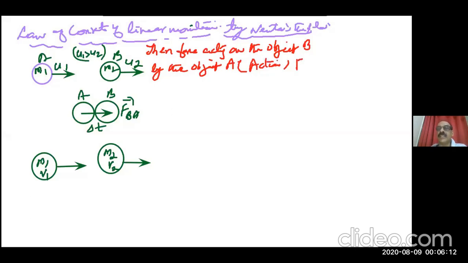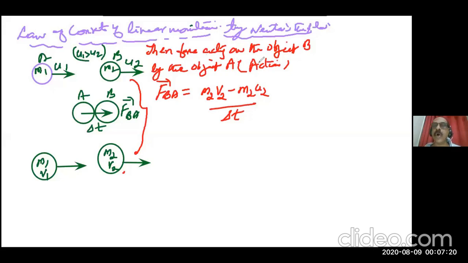FBA, action. That is FBA. FBA produces a change in momentum of B. The force acting on B by A, that is action, will produce a change in momentum in B. What is the final velocity of B? M2 V2. B has this momentum finally; initial momentum is M2 U2.